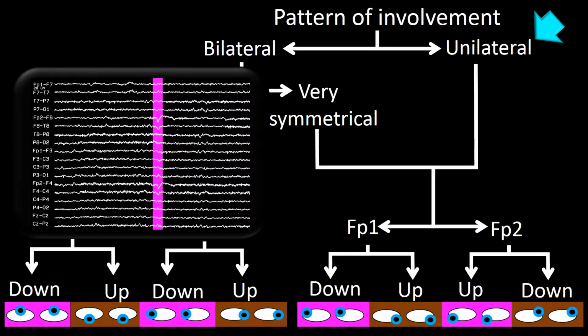The changes that we previously saw in the epoch were unilateral, and looking at FP2, you can see that the deviation is downwards, which indicates that the patient is looking to the left and up.